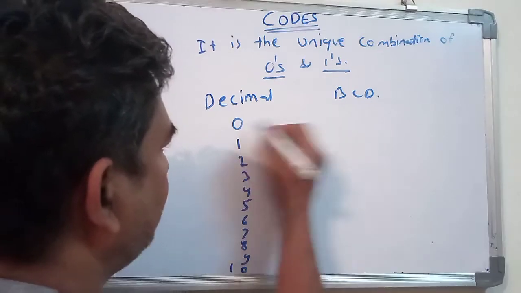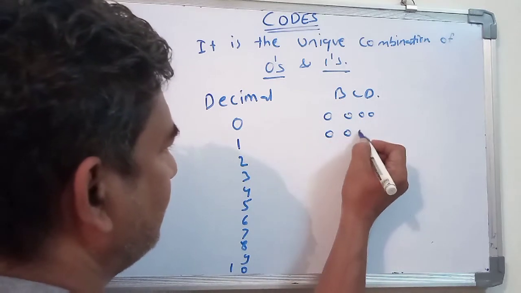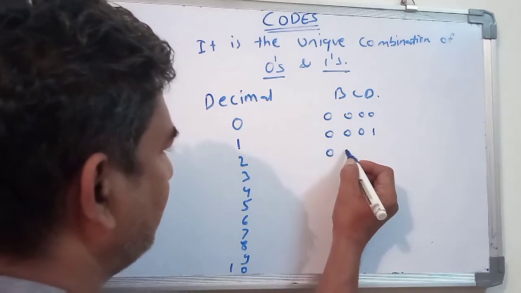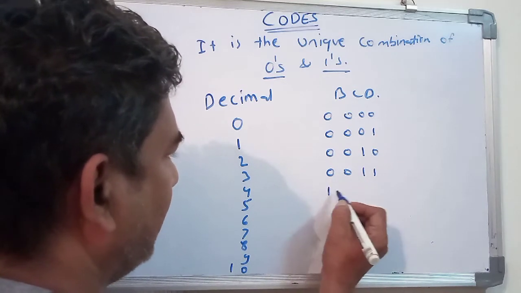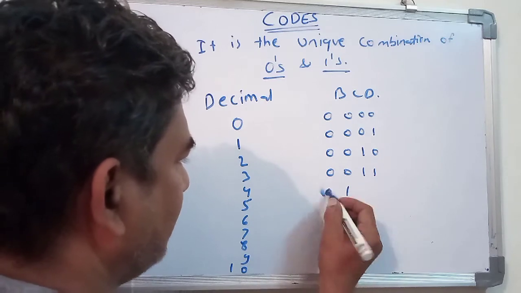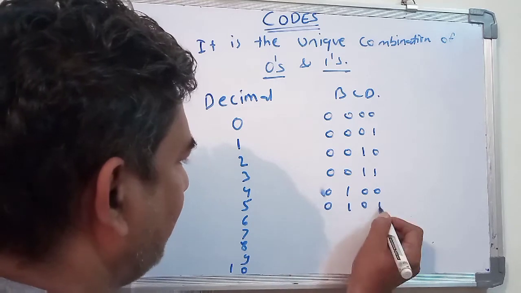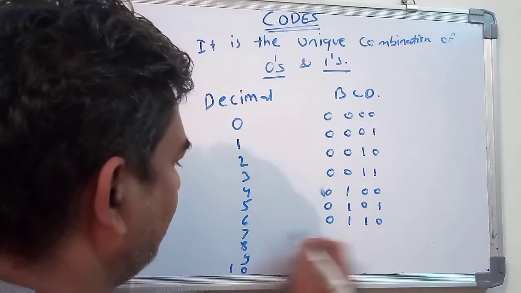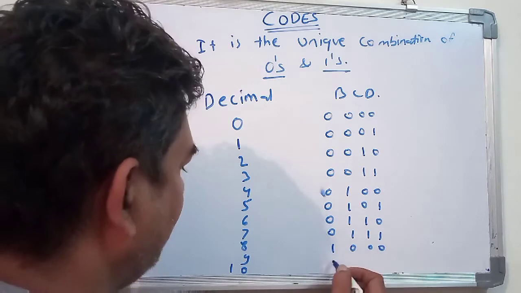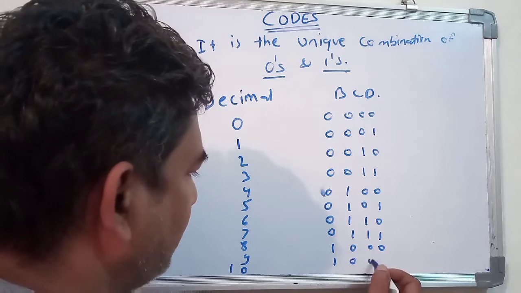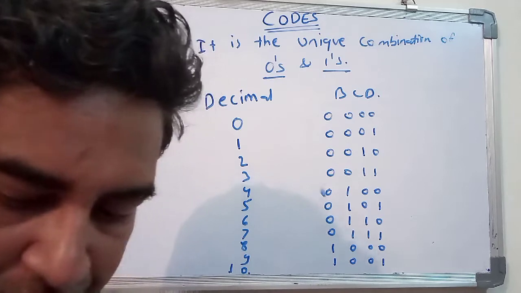You write 0 as 0 0 0 0, in 4 bits; 1 as 0 0 0 1; 2 as 0 0 1 0; 3 as 0 0 1 1; 4 as 0 1 0 0; 5 as 0 1 0 1; 6 as 0 1 1 0; 7 as 0 1 1 1; 8 as 1 0 0 0; 9 as 1 0 0 1. Now this 10 comes. What do you have to do?